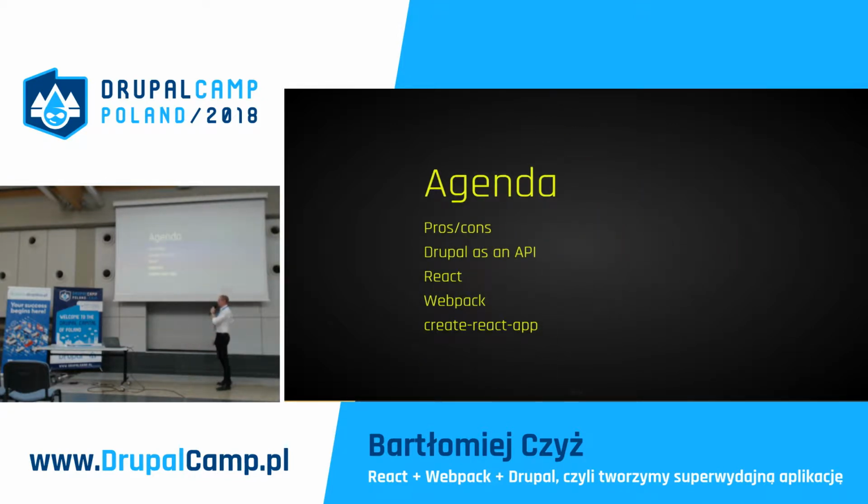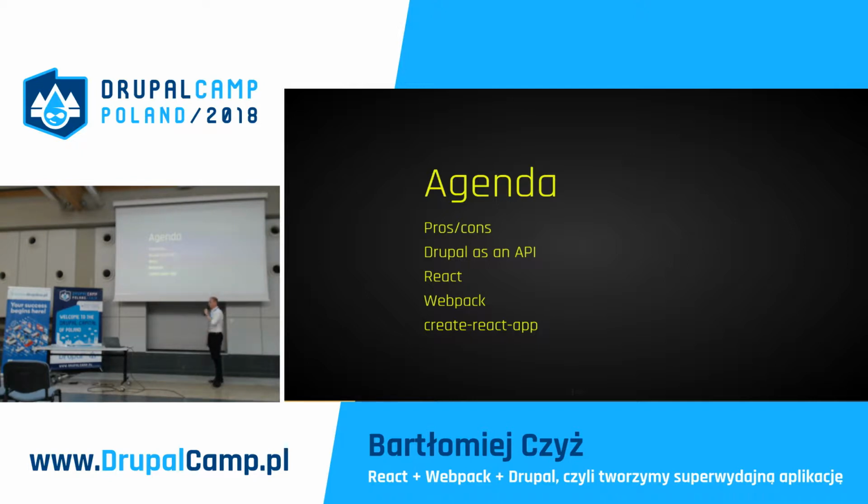Alright, so we're going to talk about pros and cons of splitting our application into actually 2 or maybe more applications. Then I'm going to tell you how to make your Drupal work as an API. I have to admit I'm not a Drupal specialist, but there is a way to make it very easily.